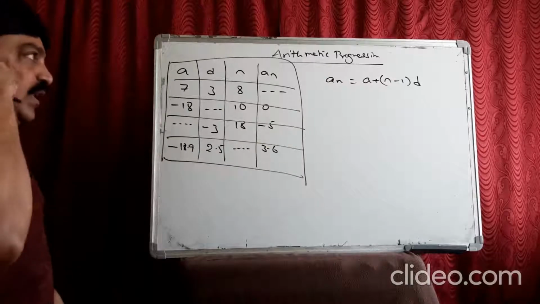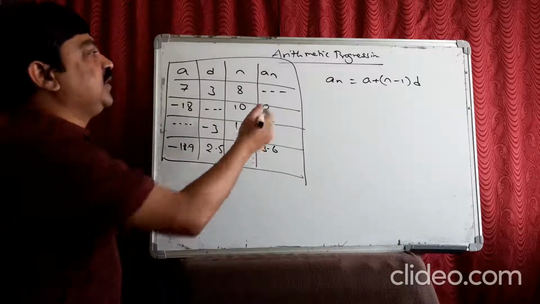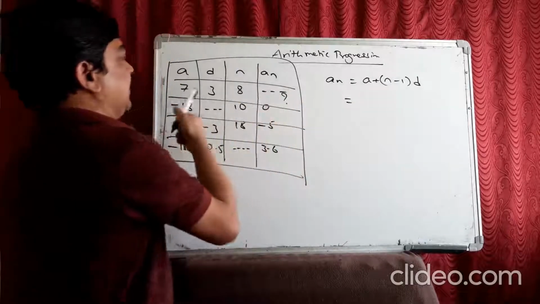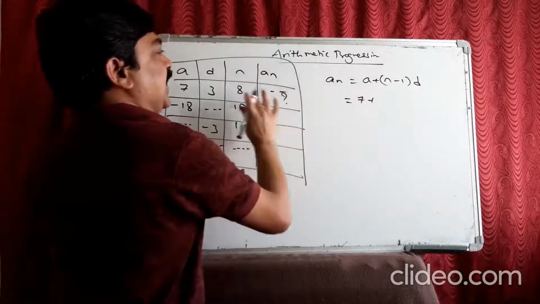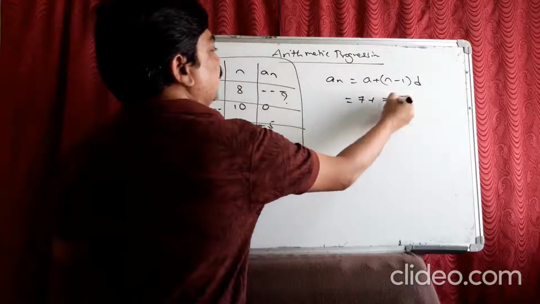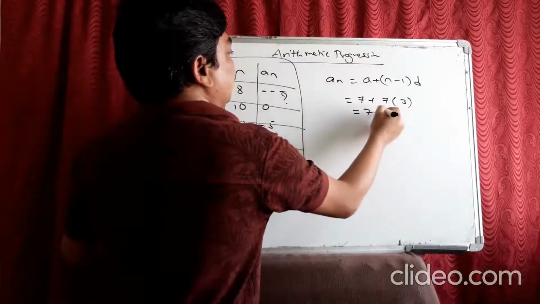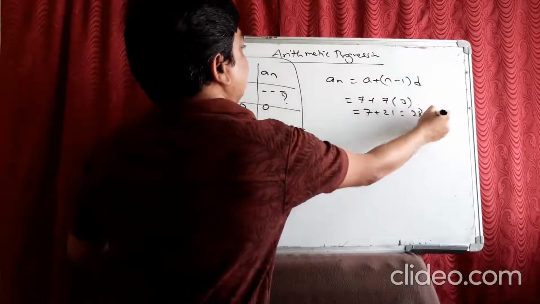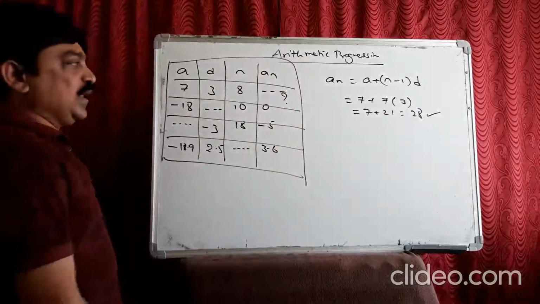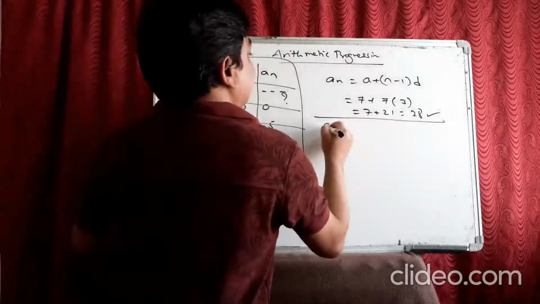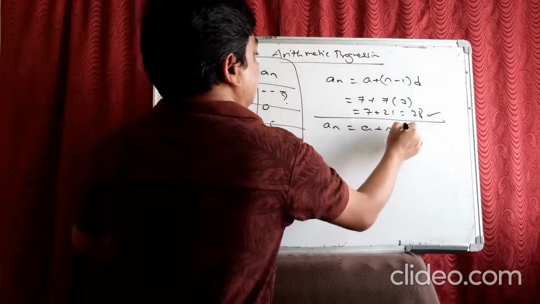How? I'll tell you. In the first question, what is required? An. So what is a here? 7, and n is 8. 8 minus 1 is 7, and d is 3. So 7 plus 21, it is 28. The first answer. What is the second one? The same formula: An equals a plus n minus 1 into d.